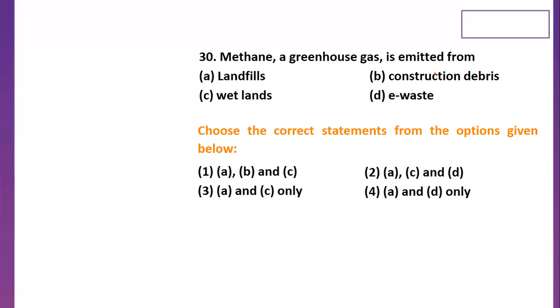Either it is landfills, construction debris, wetlands or e-waste. So you have to select the correct one. They are asking about emission, which is emitted from what? So from the given options, the right option is landfills and wetlands, not construction debris or e-waste.